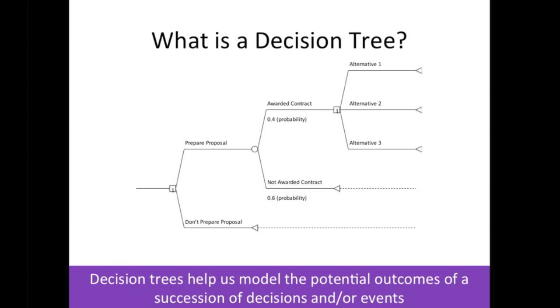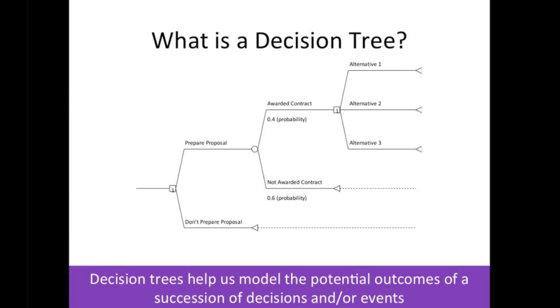So what is a decision tree? Decision trees are valuable tools for modeling the potential outcomes of a succession of decisions and events. Each path along the tree from the origin to a terminal node describes one of potentially dozens of possible outcomes. At each intermediate node of a decision tree, one of two things is going to happen.